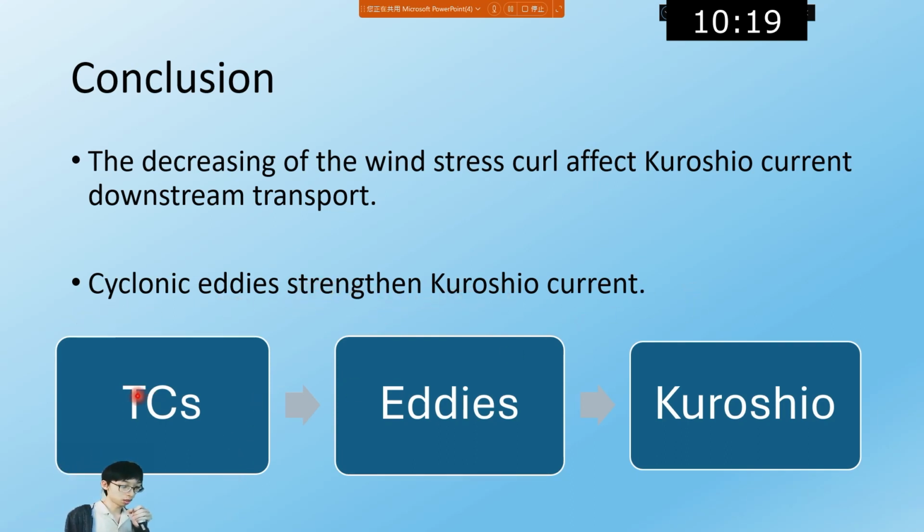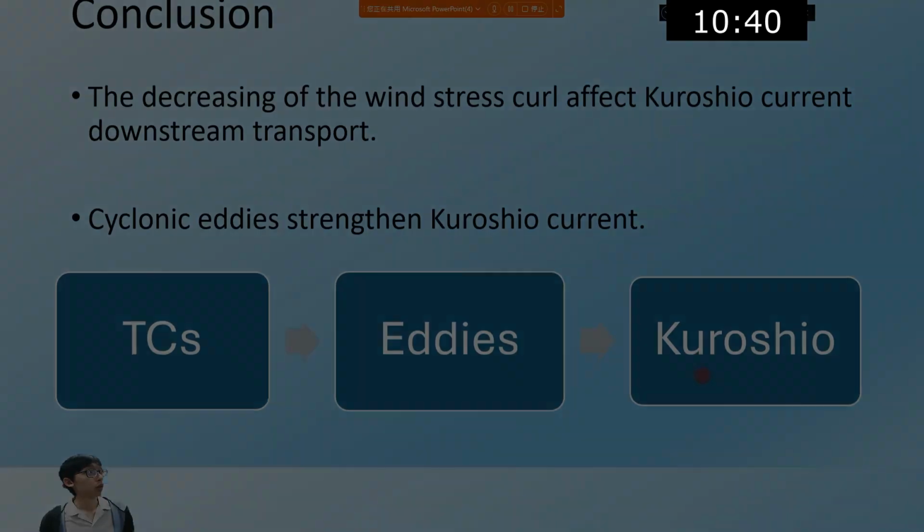Then it is TC's seasonal variation. This picture explains that the TC seasonal variation leads to the eddies' energy changing, and then it accelerates the Kuroshio current. And that is my presentation. Thank you, everyone.